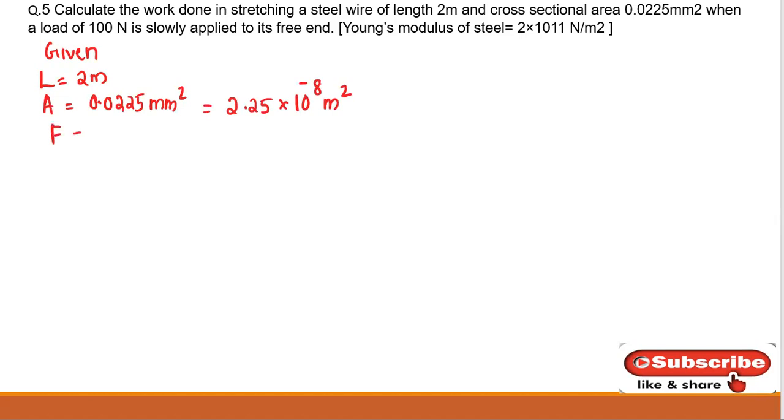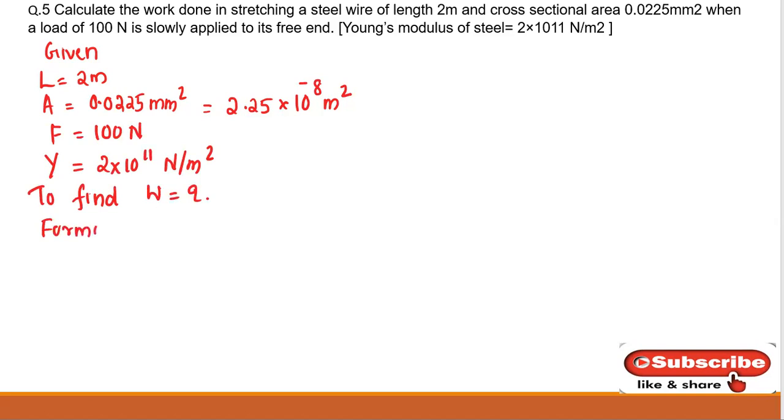Now, force is given, F is equal to 100 Newton. Young's modulus is also given, 2 into 10 raised to 11 Newton per meter square. We want to find out the work done, W. We know the formula for work done in terms of Young's modulus.